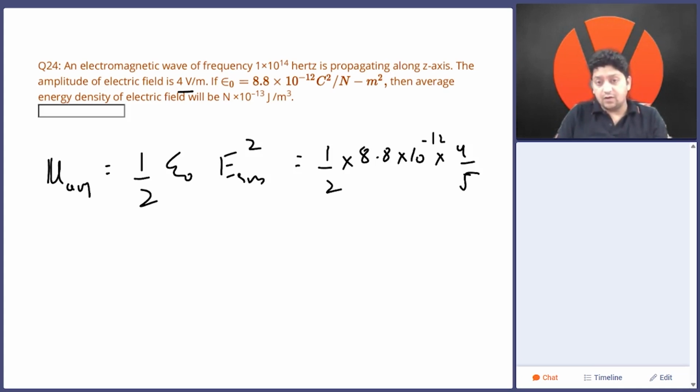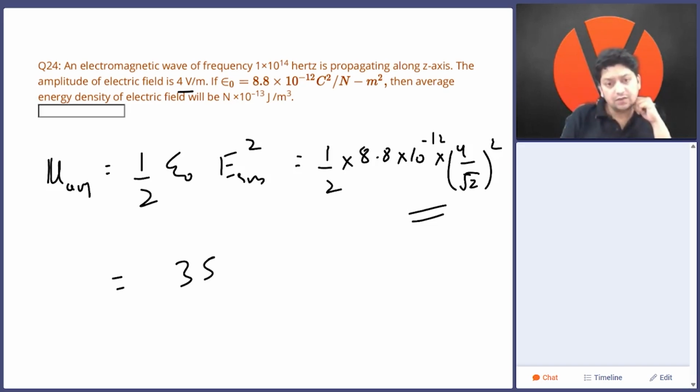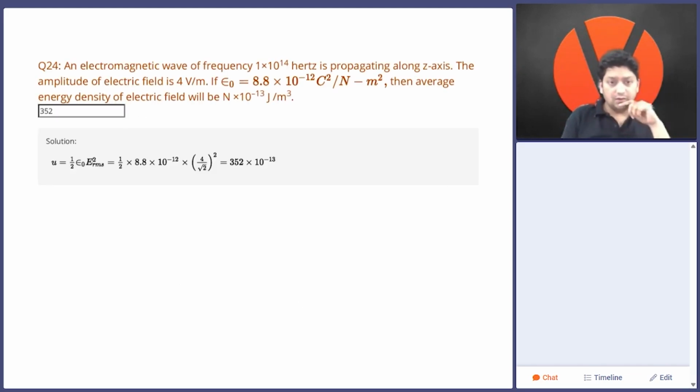So we have to convert into RMS. So 4 by root 2 squared will be involved, right? Now you just need to calculate or multiply it, and the value which you will get is 352 into 10 to the power minus 13. So your answer will be 352. Yes, very easy question.